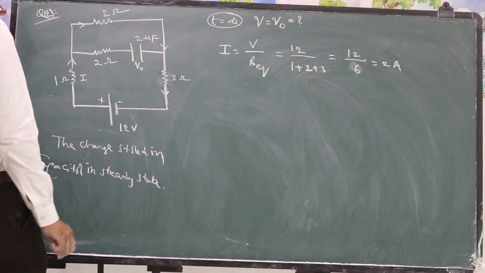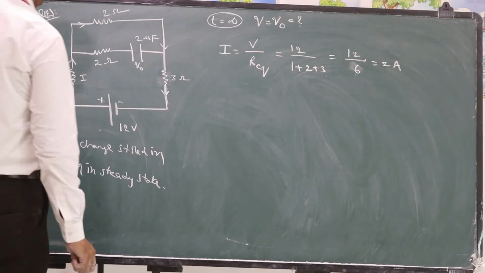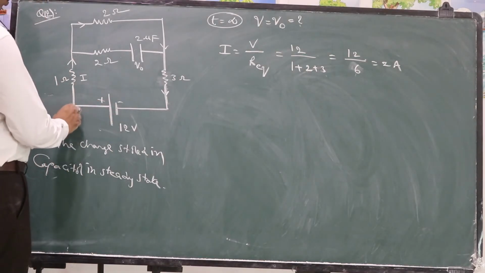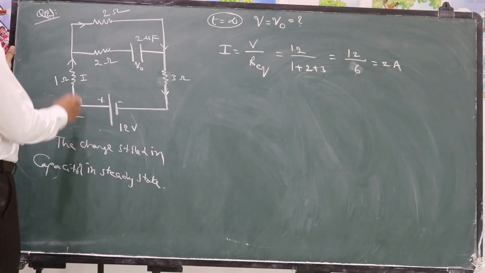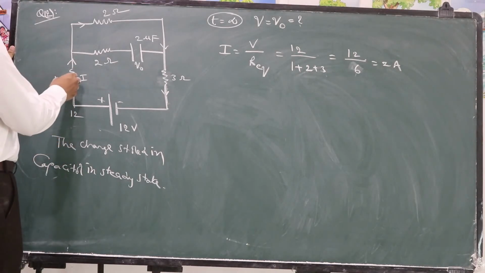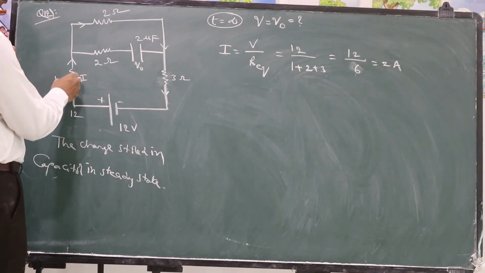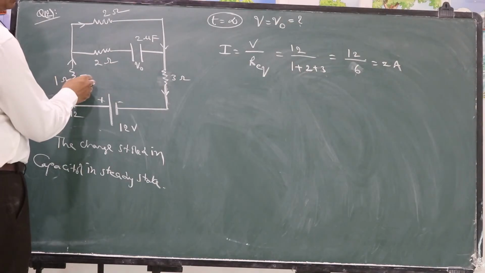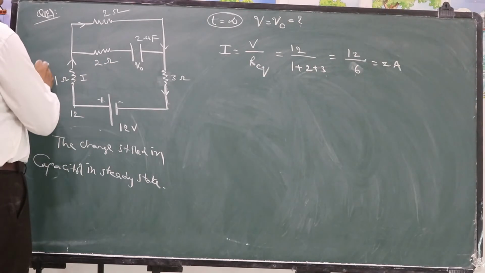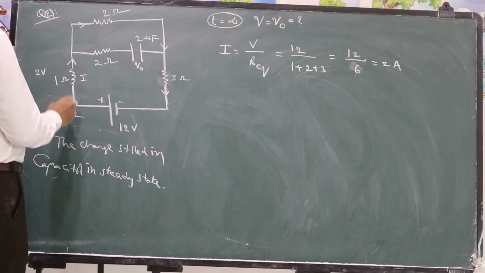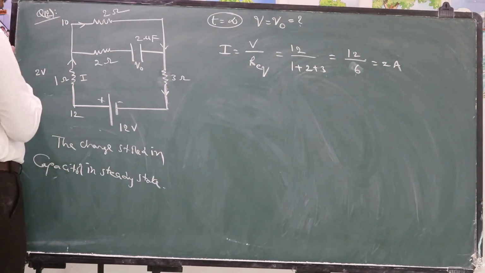Let me calculate the potential difference. Suppose here is the 12 volts. Here some drop is there. What is the drop over here? Current value we calculated as 2 amperes. So 1 into 2, 2 volts will be dropped at this resistor. So the remaining 10 volts will be here.